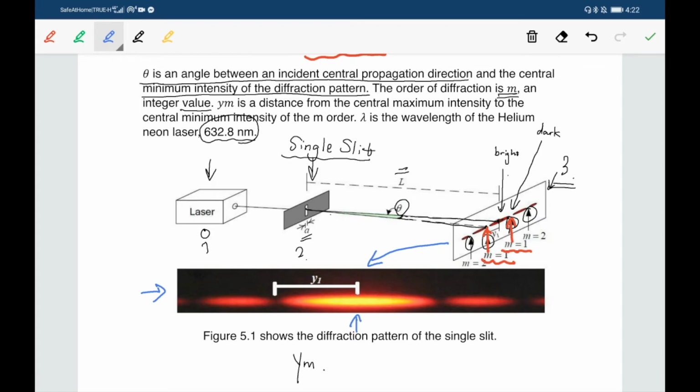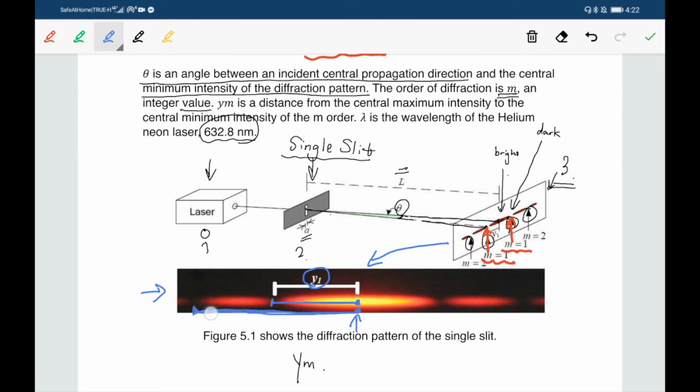From the middle of this bright fringe to the first dark fringe, this distance is y equals 1. Then y equals 2 is from the center of the bright fringe to the second dark fringe.